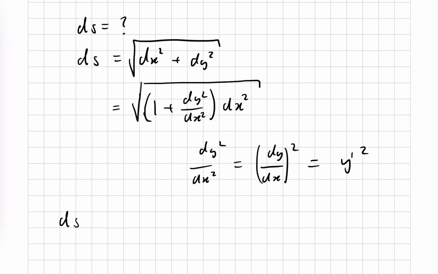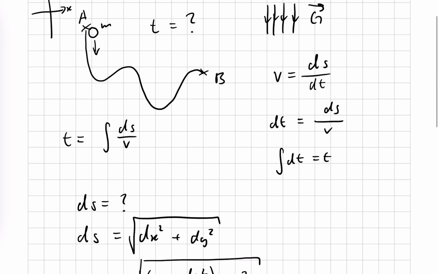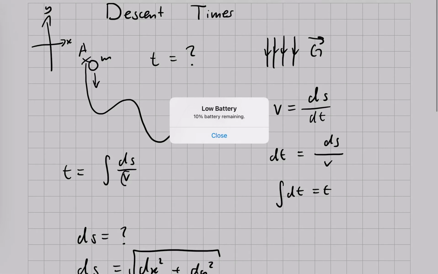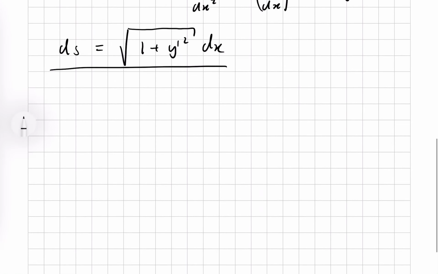So ds equals the root of 1 plus y prime squared, I don't need the bracket anymore, times dx. Perfect, we have an expression for ds. Now we need an expression for v. So what is v?